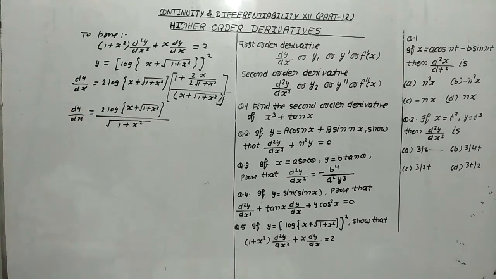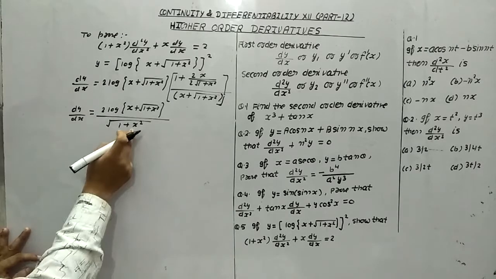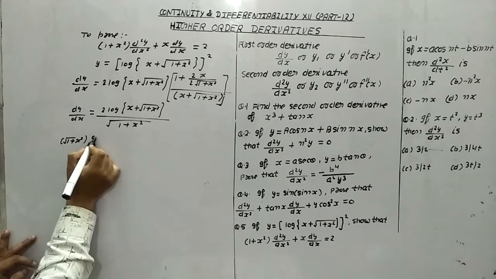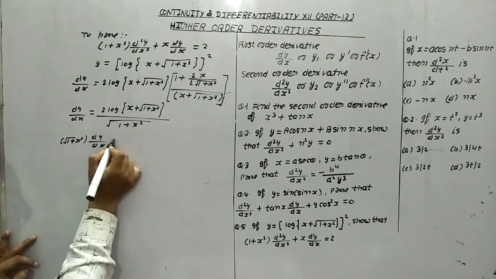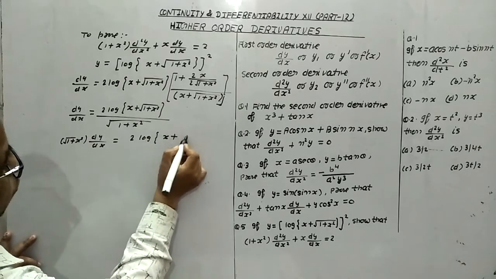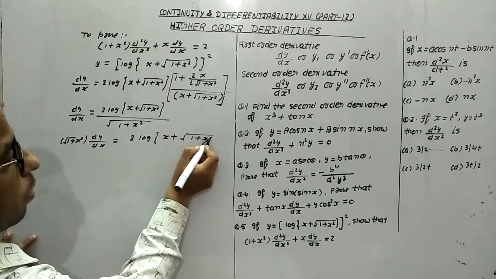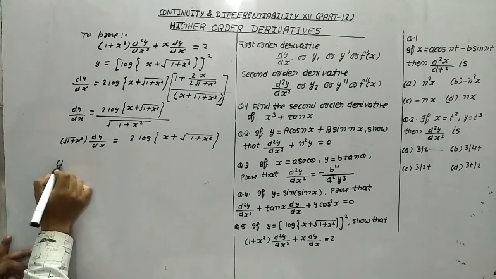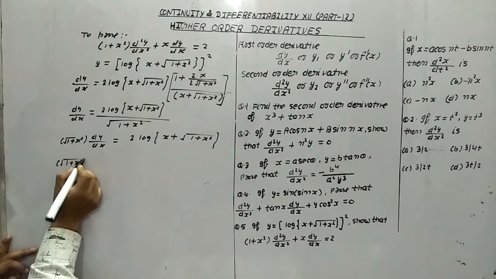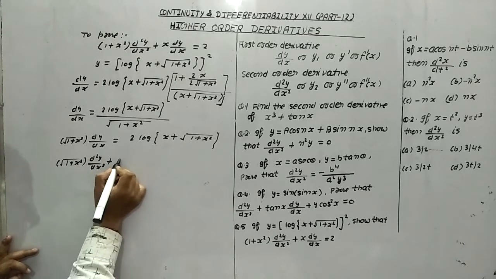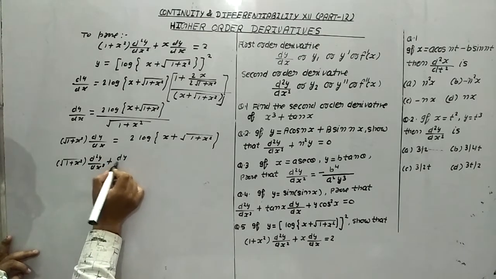This is the part. Now what will you do? Cross multiplication. It means under root 1 plus x square dy by dx is equal to 2 log(x plus under root 1 plus x square). Now again differentiation, here product rule. Under root 1 plus x square d2y by dx square plus dy by dx as it is.